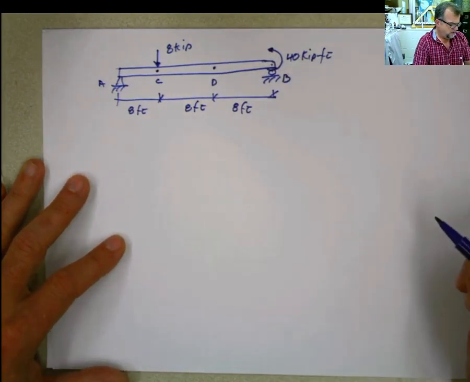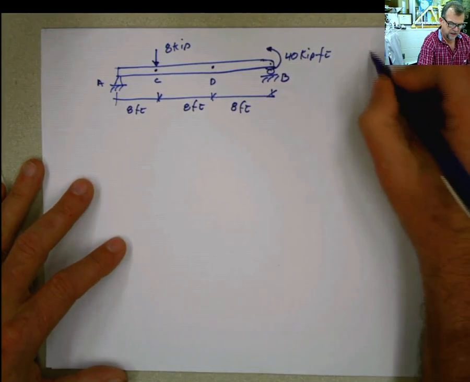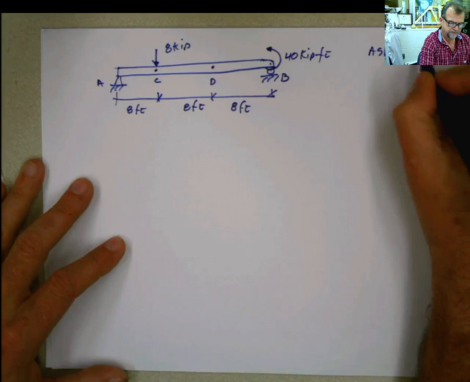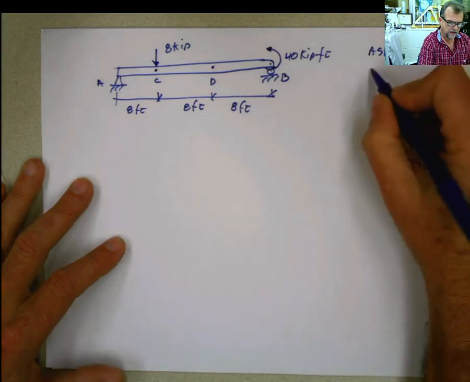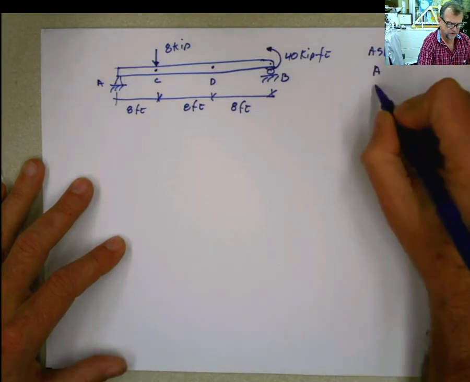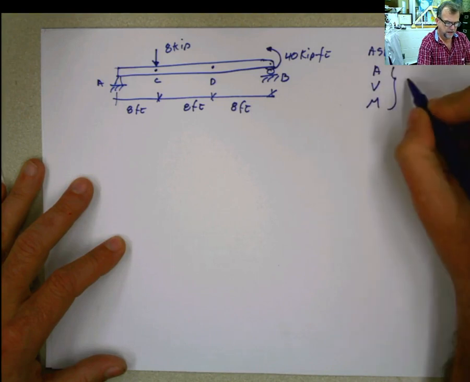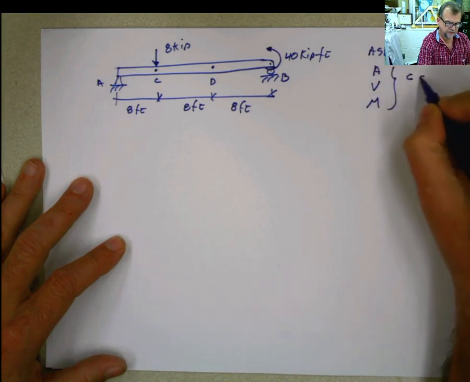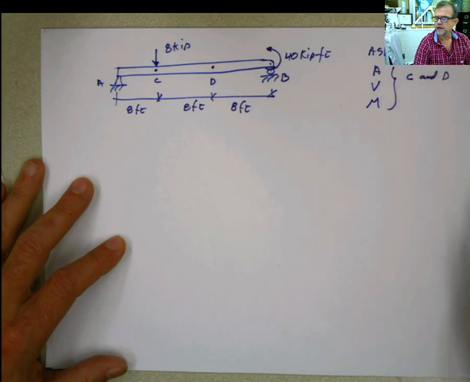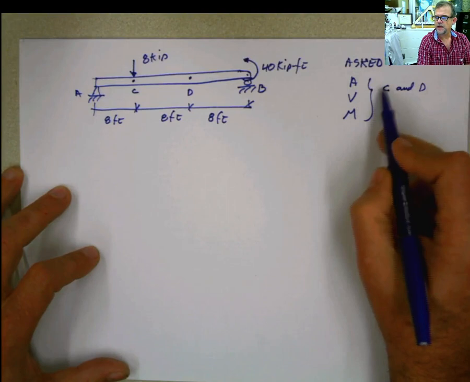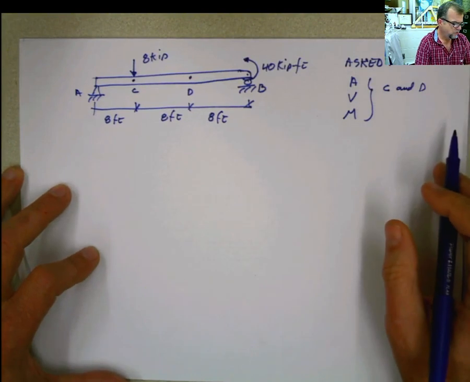And the question that we are asked is, calculate the axial force, the shear force, and the moment at the points C and D. How do we do that?